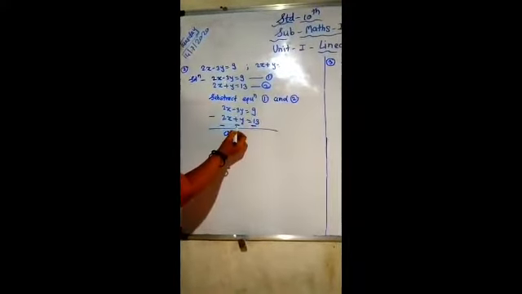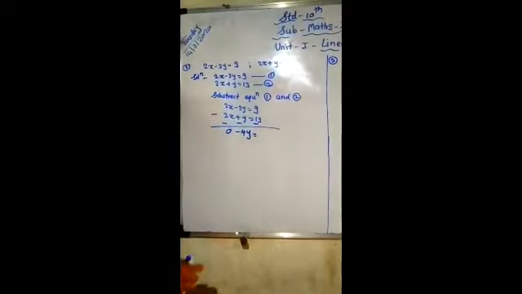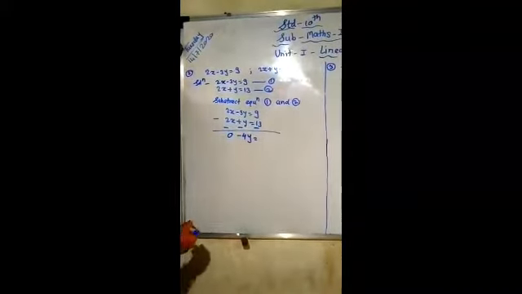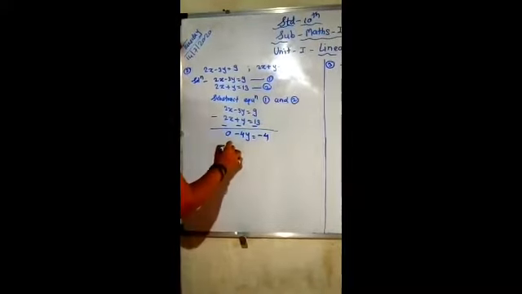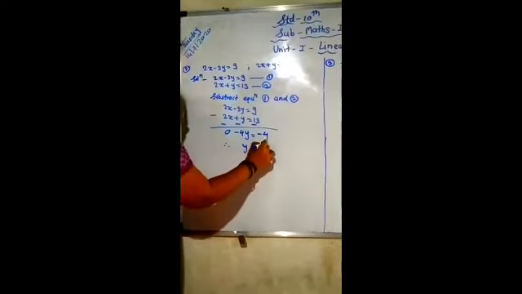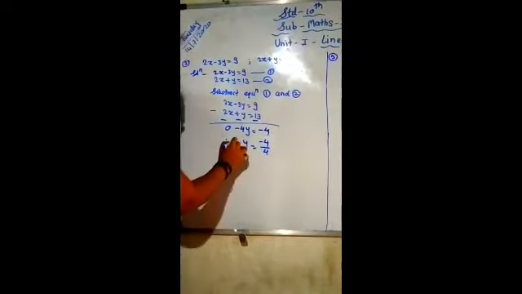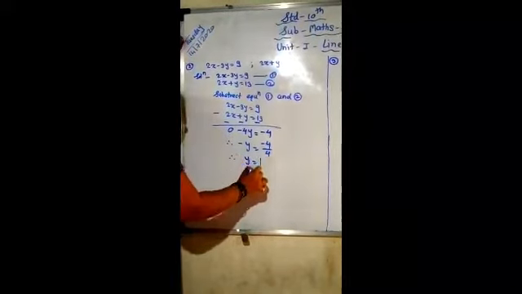Minus 3y minus y, it is minus 4y is equal to plus 9 minus 13, that is minus 4. Therefore y is equal to minus 4 upon minus 4. Therefore y is equal to 1.